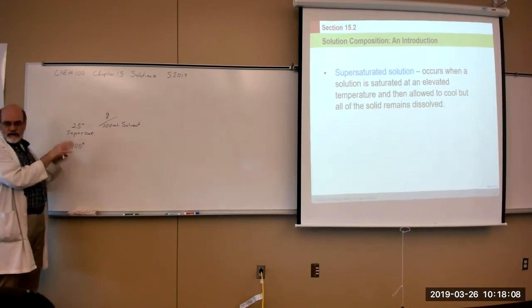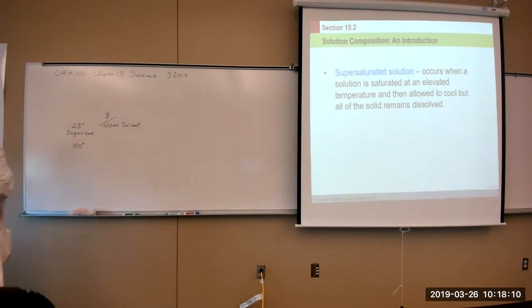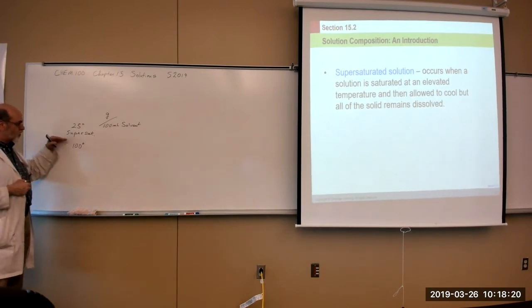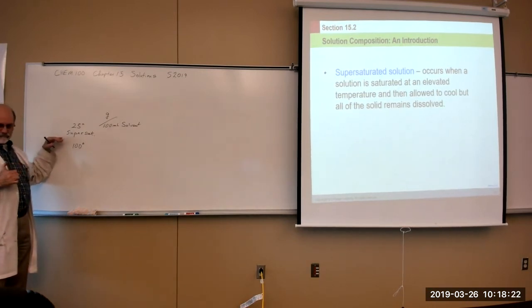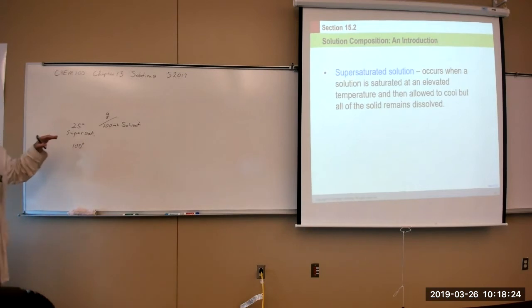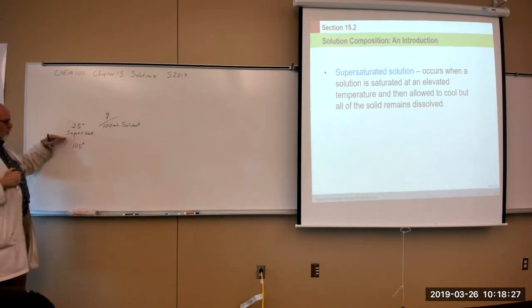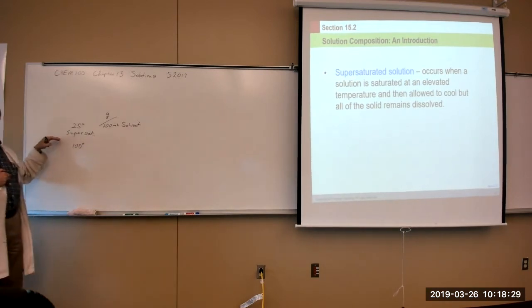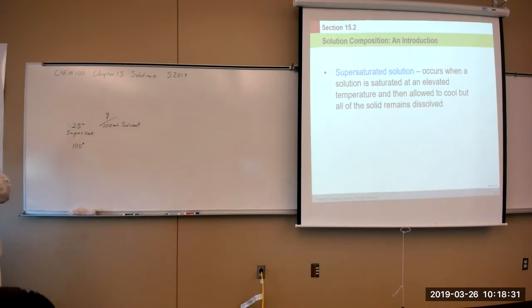So you heat it up, get it in solution, and then you set it over on the bench to cool very slowly without disturbance. If you pick your amount correctly, because supersaturation has its limits too, then when it cools down, it may stay in solution.